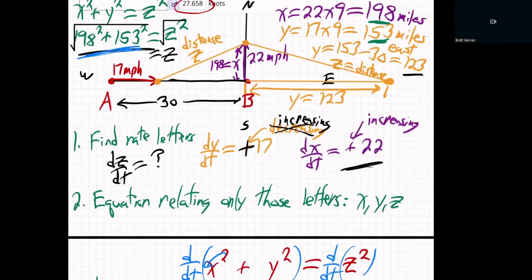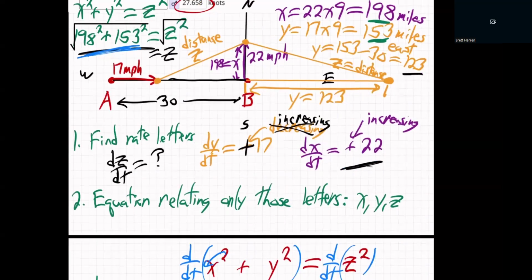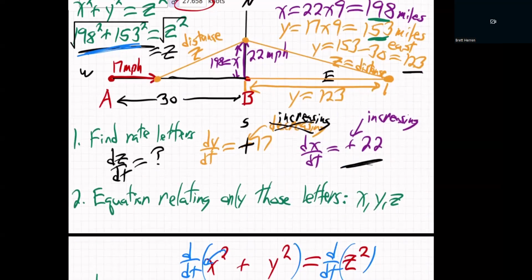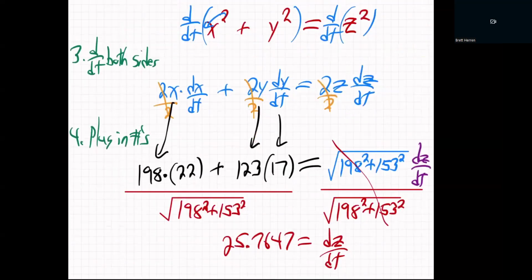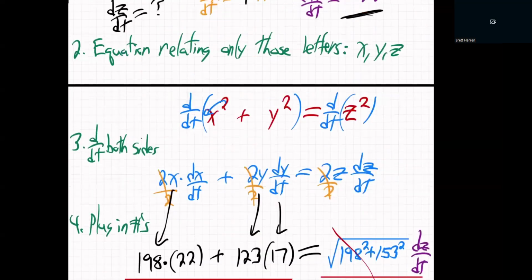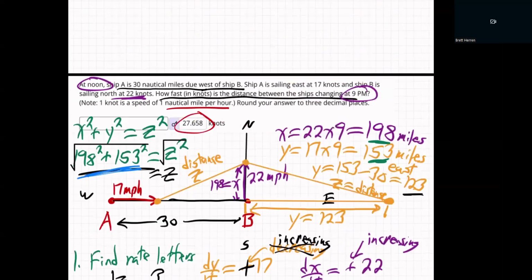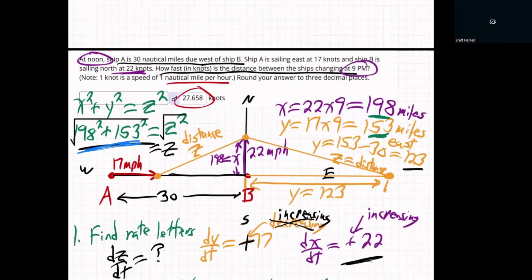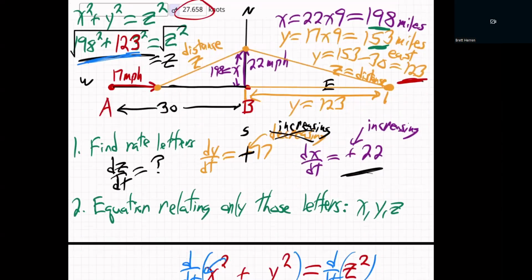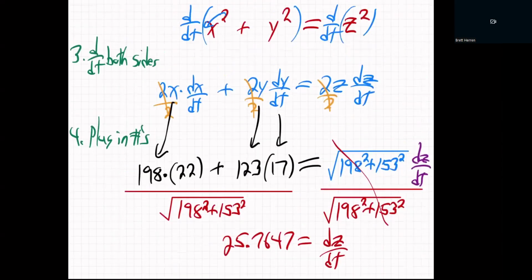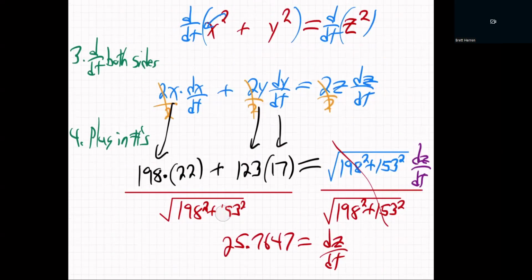Oh, is Y supposed to be? No. 198, 123. That's right. Oh, what right here. Y should have been 123, huh? I don't know why I grabbed 150. It's 123. There's my mistake. Oh boy, that's dumb. Sorry. That should be 123, not 153.